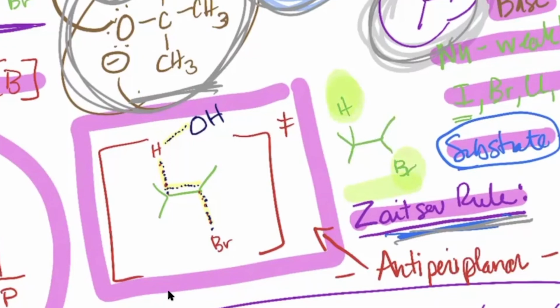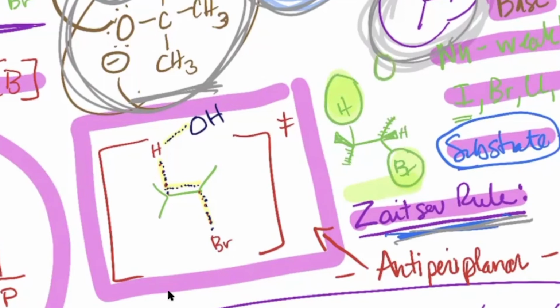So if we quickly draw dash wedge here so that we can see what I'm talking about. If we have this molecule, the hydrogen and the bromine are both in the plane of the screen here, and they're opposite each other. So in order for E2 to happen, this is the positioning that has to be.